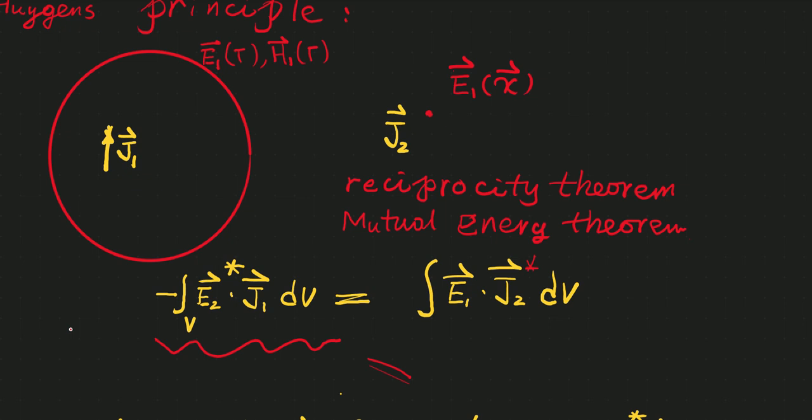Since you calculate it from the surface, this is called the Huygens principle.